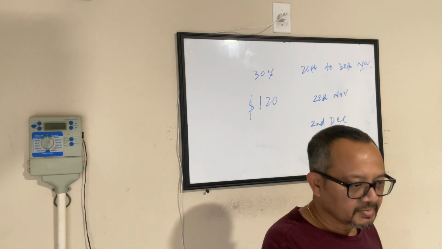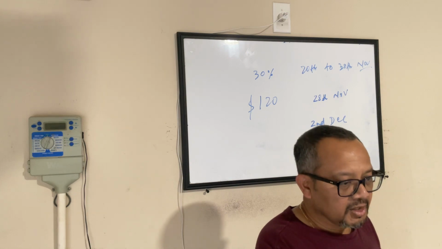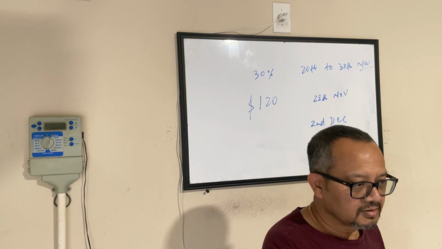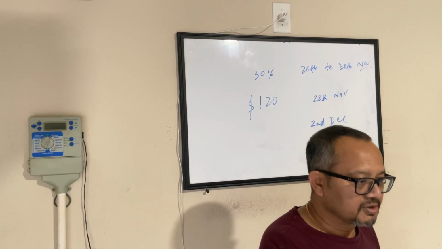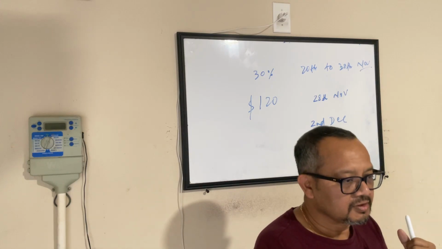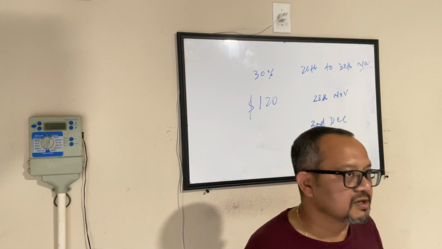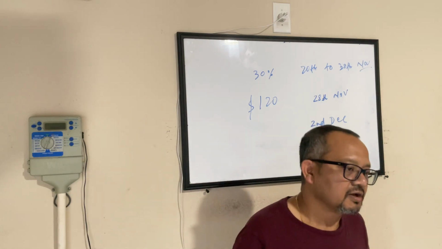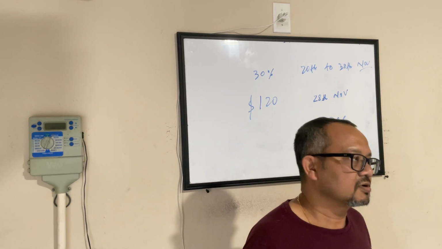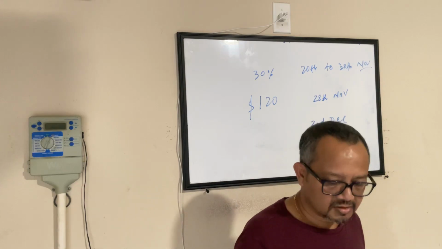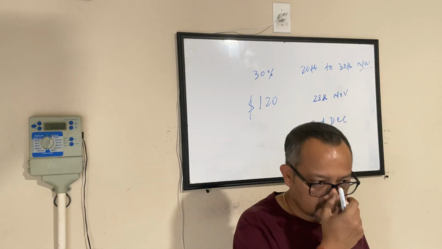Okay. Moira, have you done it? I'm doing it right now. Sanvita, go ahead. I got the same answer: $84 on the 28th of November and $120 on the 2nd of December. Okay.